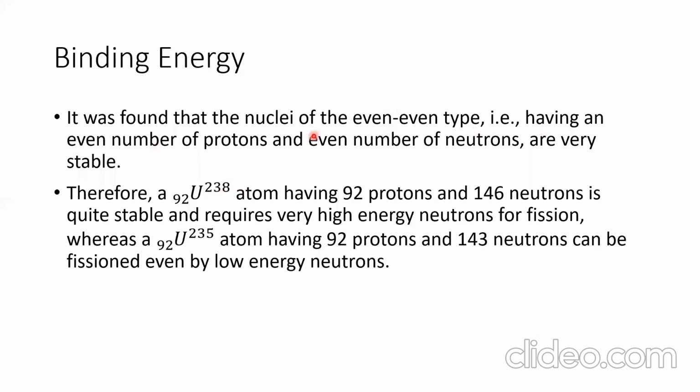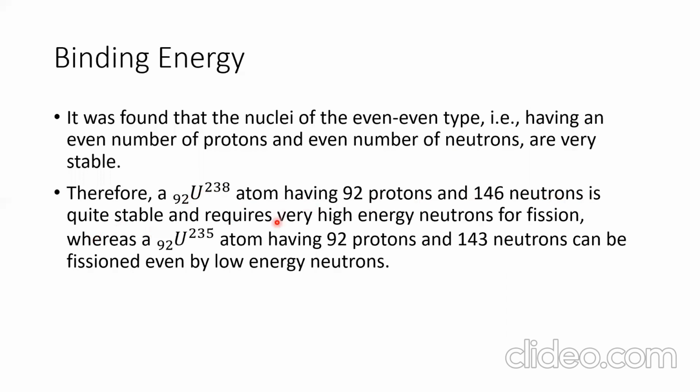It was found that a nucleus of even type, having an even number of protons and an even number of neutrons, is very stable. Therefore the uranium 92 238 atom, having 92 protons and 146 neutrons, is quite stable.